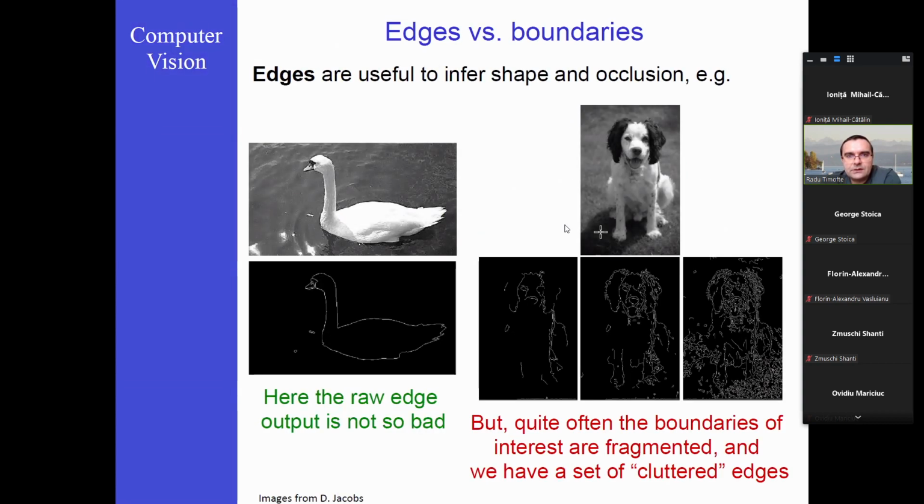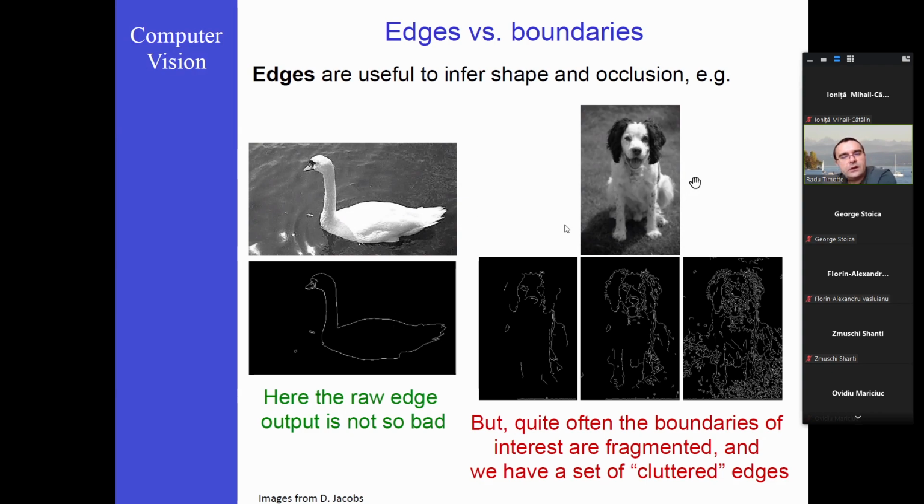Now we are looking at edges and boundaries. So we have an example on the left, and here the raw edge output is not so bad if we are applying a Canny edge detector.